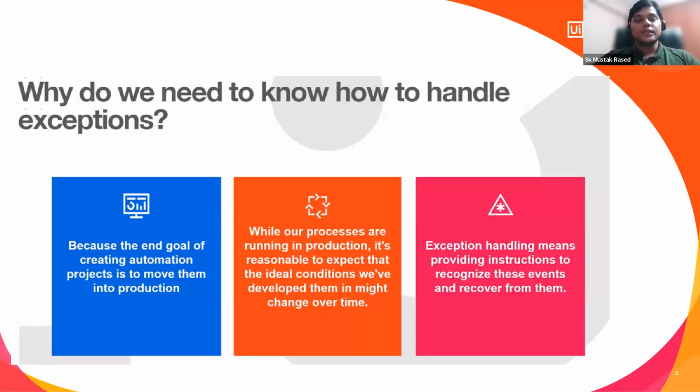There are certain situations we can handle, and certain situations we cannot. Say if your system has been rebooted, then you can create a scheduler to run your process, so irrespective of such issues, we can run our process.